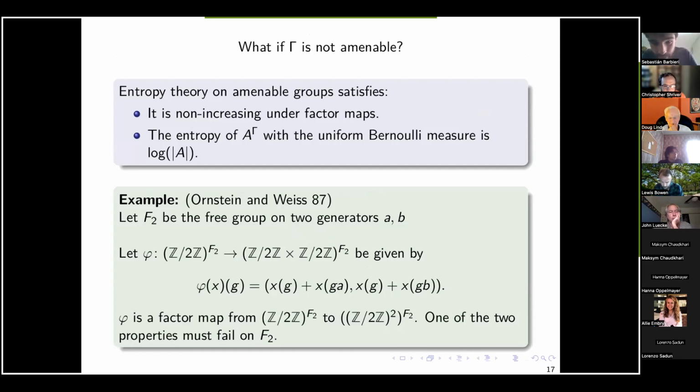And I define the map from the first to the second, where I define phi of x at a position g on the free group as the coordinate at that position plus the coordinate on the right. And the second coordinate is going to be x at g plus its neighbor on the north. Okay, you can verify it.